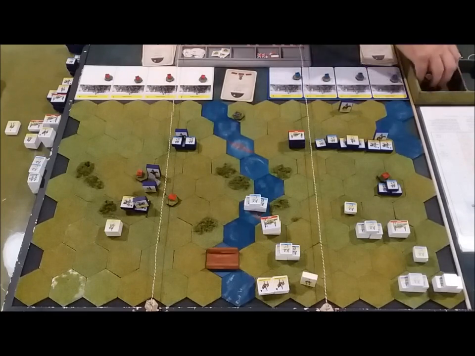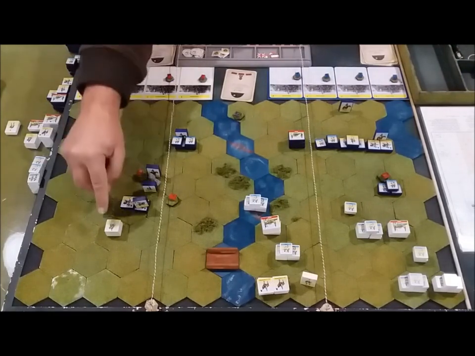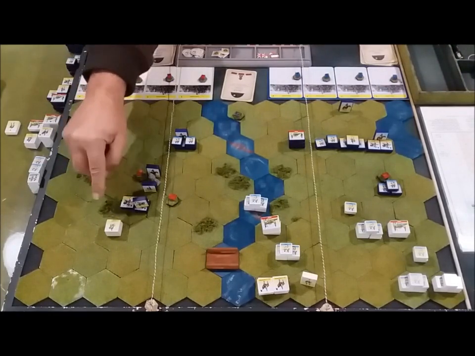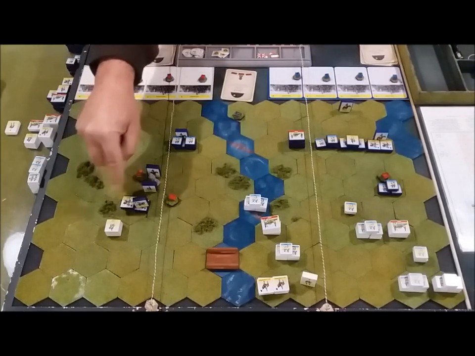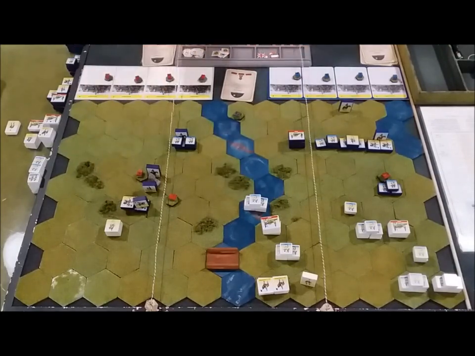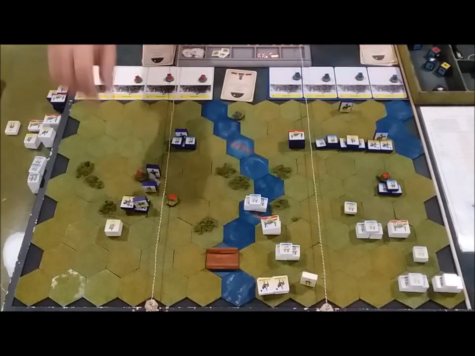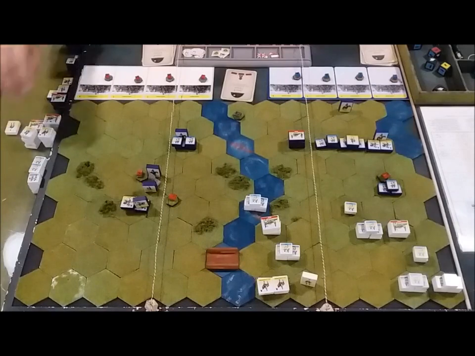So again, 5 dice. And the light cavalry, I believe, doesn't get a chance to battle back because they retreated. And that kicks them out and they're dead. Which gives them their 4th permanent banner with 2 temps at the moment.